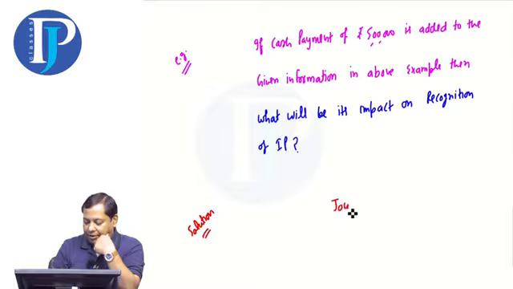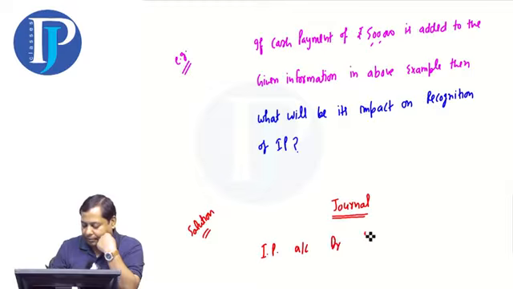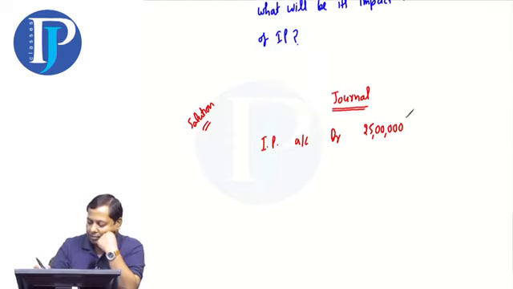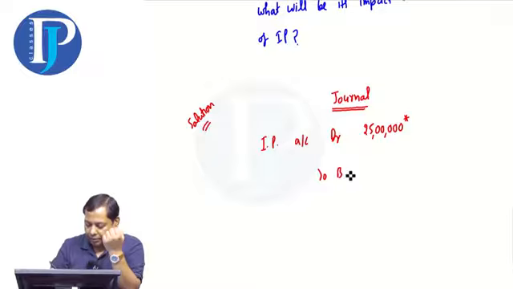If we pass a journal entry in this, we will write investment property account debit 25 lakhs. We will also write notes to bank 5 lakhs.